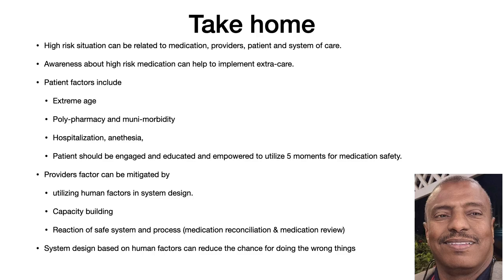Take home: high risk situations can be related to medication, provider, patient, and system factors. Awareness of high risk medication can help to implement extra care. Patient factors include extreme age, polypharmacy, and multimorbidity. In some situations, like in hospital and anesthesia, patients should be engaged, educated, and empowered on the 5 moments of medication safety.